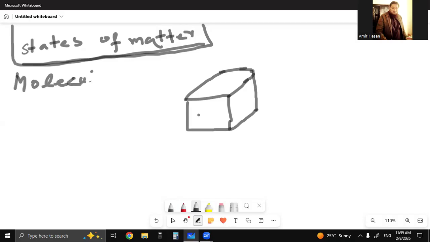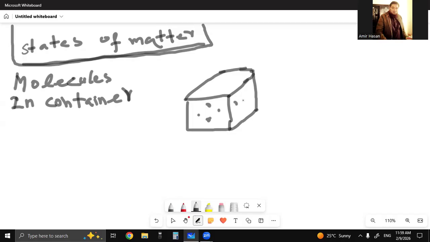Molecules in a container, these are the molecules of the gases, moving freely in every direction and colliding with the wall of the container.